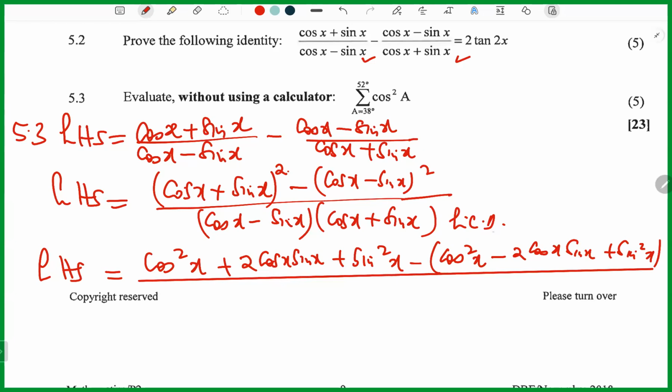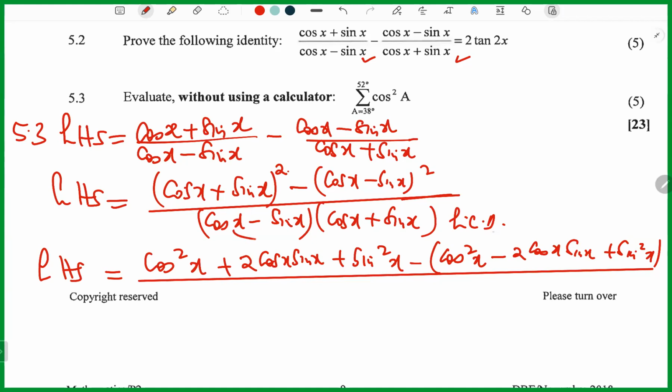the denominator. We focus on the denominator. It becomes a difference of two squares because they just differ by a sign here.